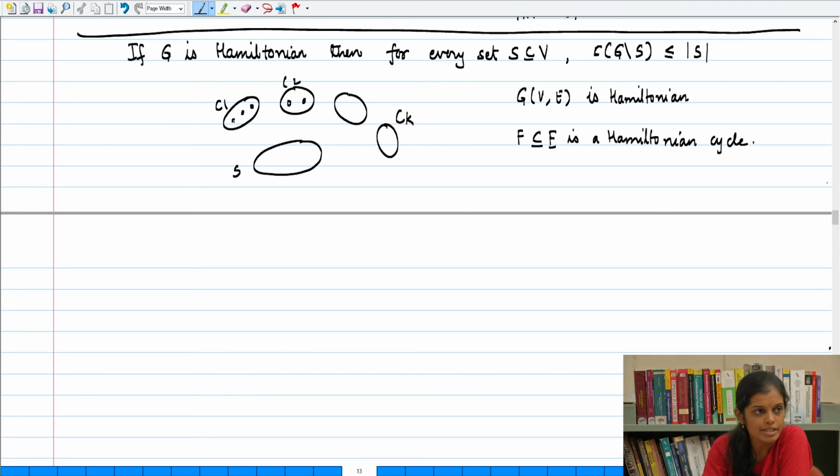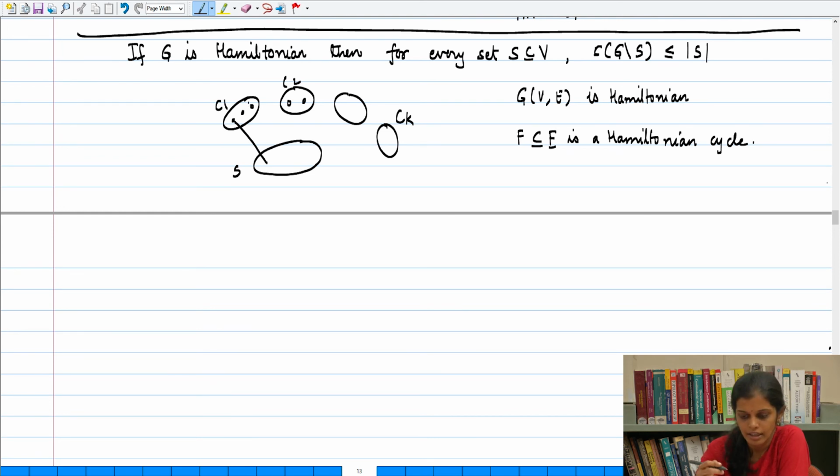Now what could be its neighbor in F? F is the cycle. Where could its neighbor reside? There are not too many options, is what I am saying. So where are its choices? Its neighbor can either reside inside this component C1, or it can be in S. It cannot be in C2, right? Because that is not possible, right?